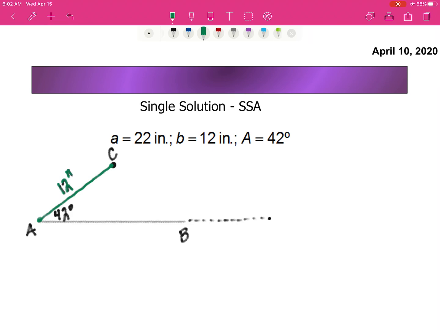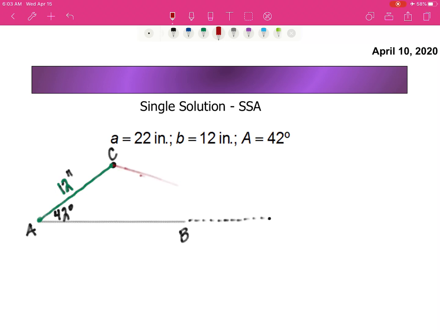So 22 inches is going to be almost twice that length. For 22 inches to be drawn, it can't come in. It can't go straight down because that's not twice as long as that green segment. It's going to have to go out to the right.